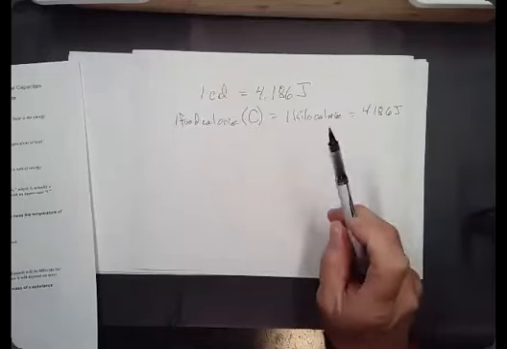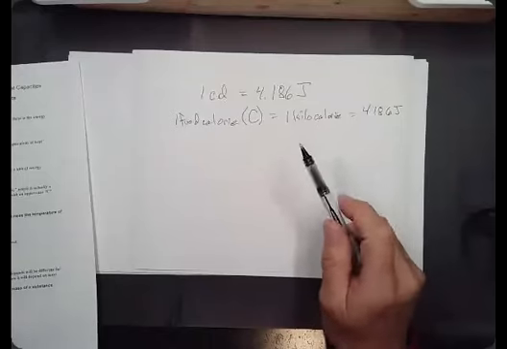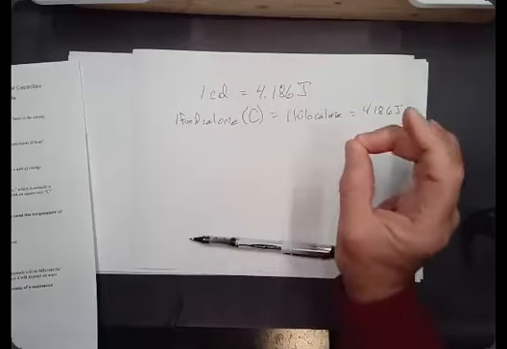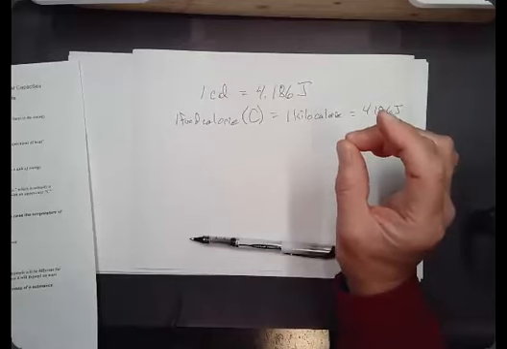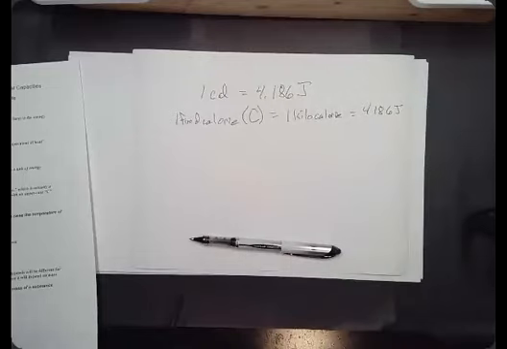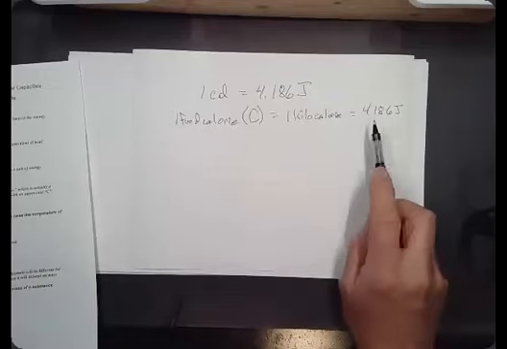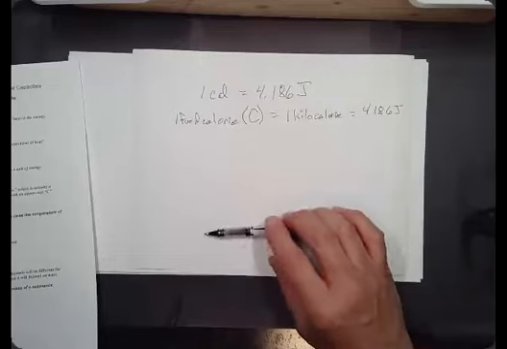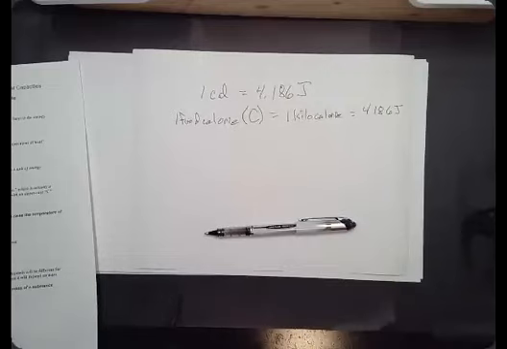I think I maybe demonstrated this in class. If you drop a 100-gram mass onto your foot from 1 meter, it'll have 1 joule of energy when it hits your foot. Well, 4,186 joules means you drop 4,186 times 100 grams.